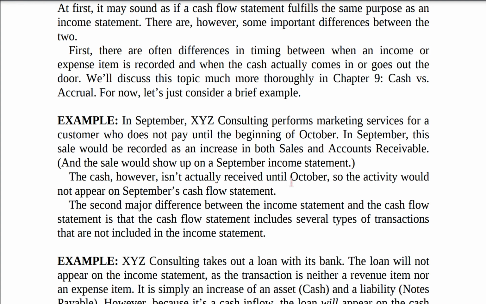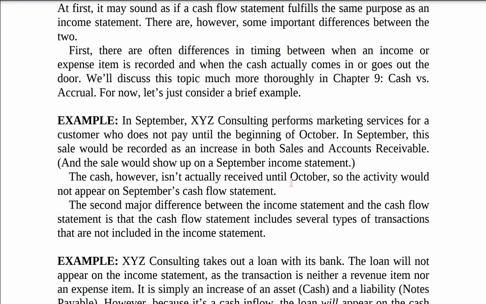So the company has provided services in September, but until the beginning of October it has not received cash. In the September income statement, the services provided would be recorded, and the amount the company is to receive will be recorded as accounts receivable, because in September the company has not yet received the cash but has earned it. So the company records sales and accounts receivable in the balance sheet.